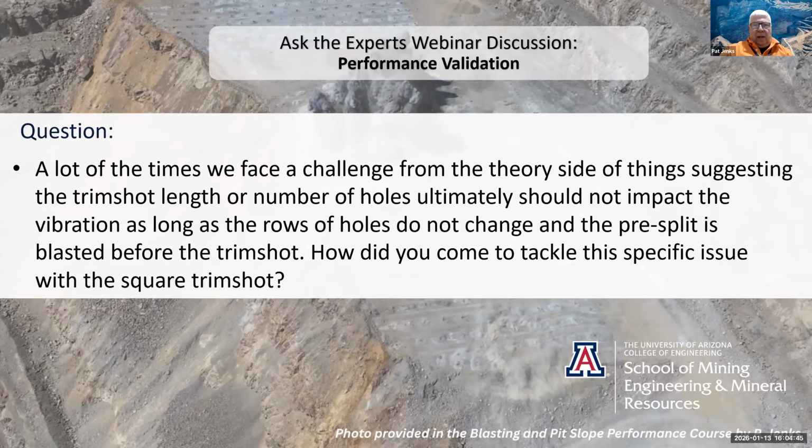I could provide many examples where we have a signature hole in one domain, let's say at the beginning of this shot, and we time the shot based on that signature hole data. Through that part of the domain, when that trim fires, the forecasted vibration is well within what we expected.